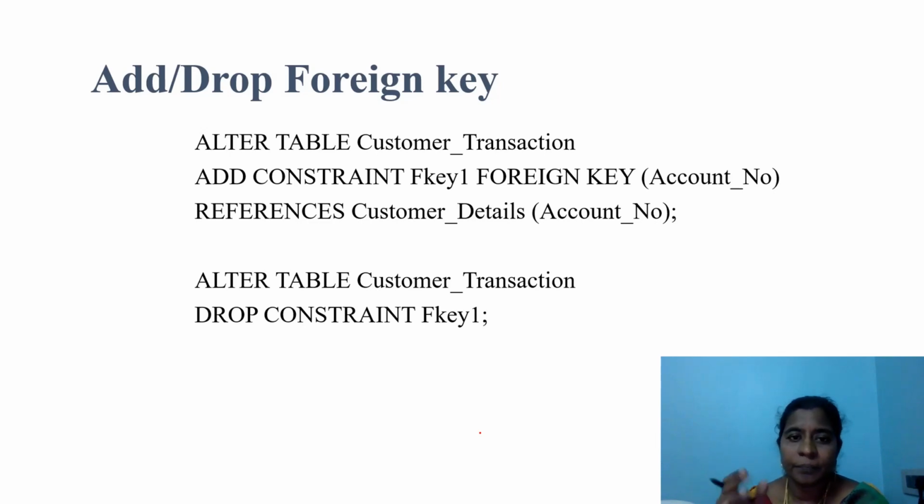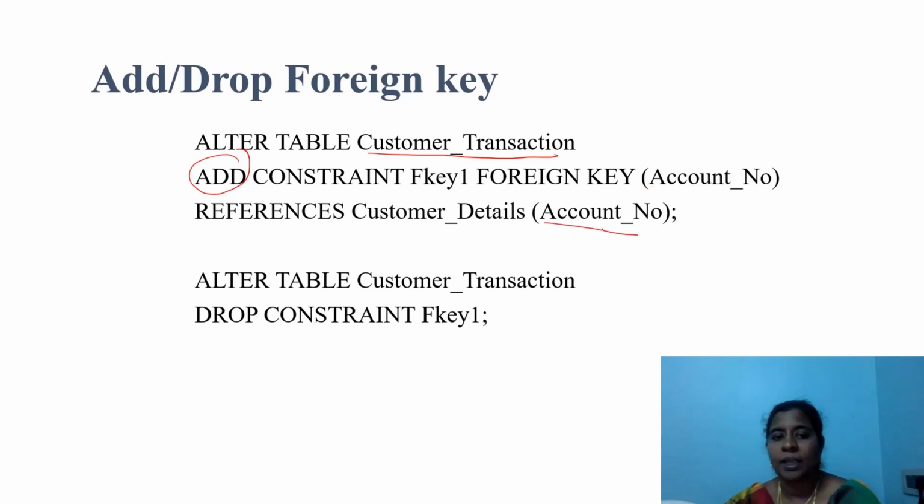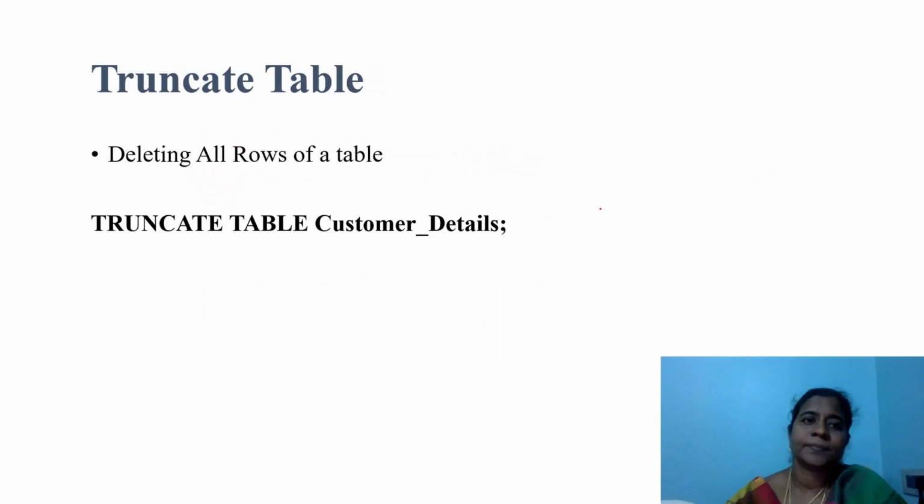So alter table, here the table name is customer transaction. For this customer transaction table, we are going to add a foreign key constraint. And this account number references the customer details account number. And later if you wanted to drop, that is also possible.